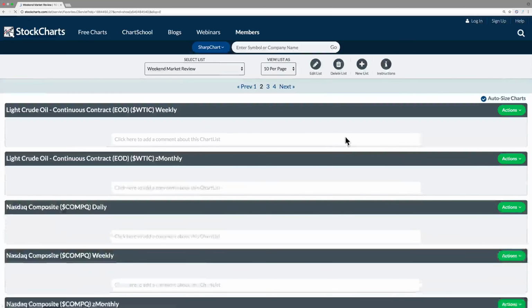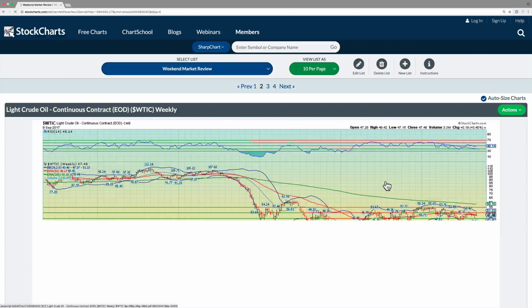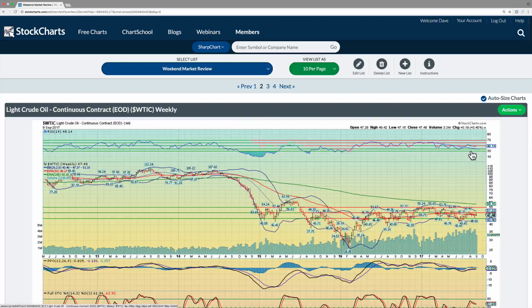Taking a look at oil in the weekly chart, we've been consolidating for the better half of 2 years between that 40 and 55 zone, and we couldn't break above 50, and so a lot of the traders that anticipated that break are probably selling their longs.